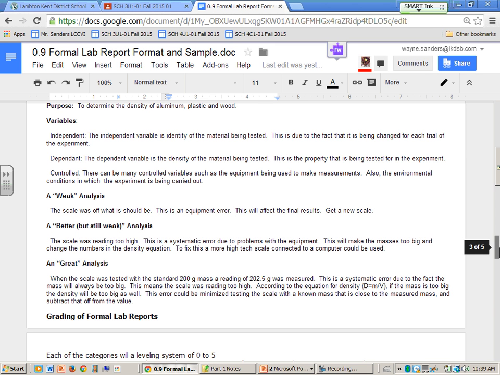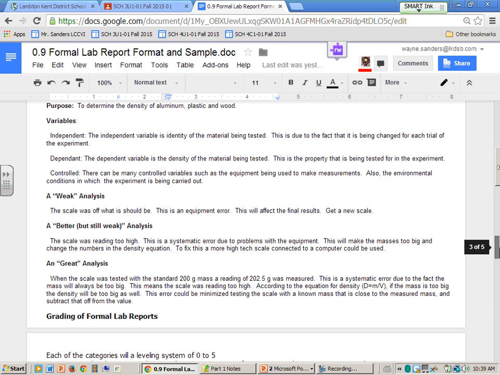According to the equation D equals m over v, which is our density equation, if the mass is too big, then the density will be too big as well. So if my number for m is too big, then my answer will also be too big, because the number on the top is going to be too large.